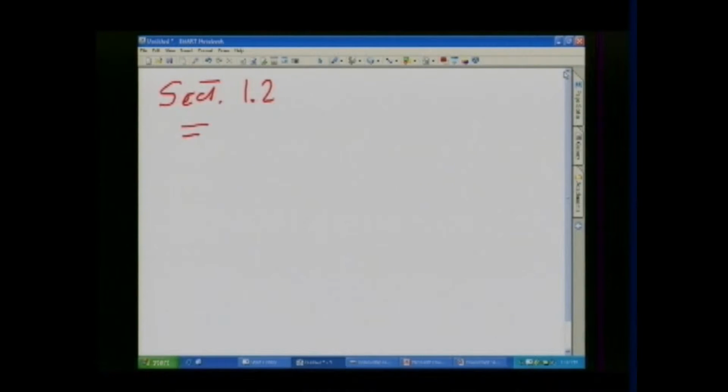Problem number 38. If you read the instruction on top of page 14, it says perform the indicated operations and simplify. Problem number 38 says 3r plus 4s multiplied by 3r minus 4s.